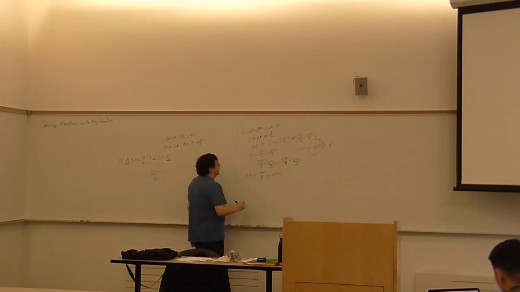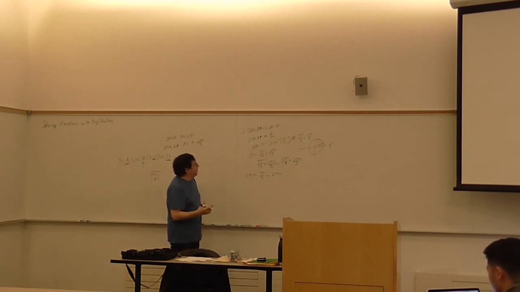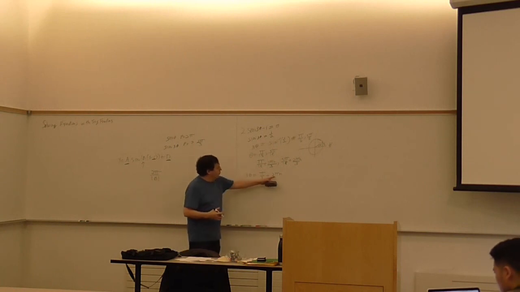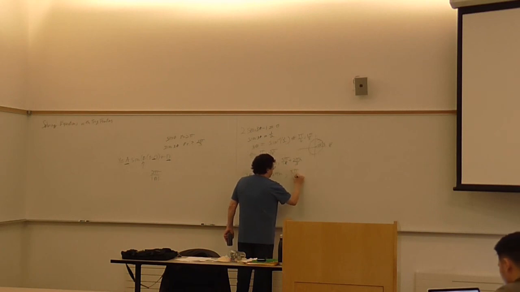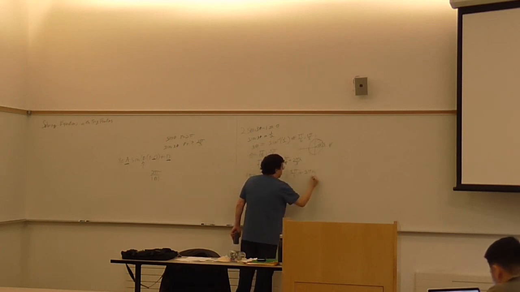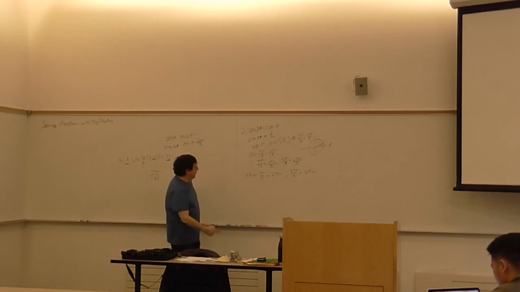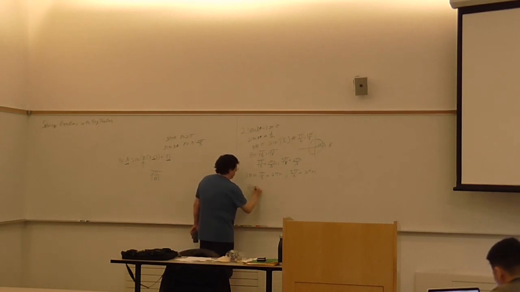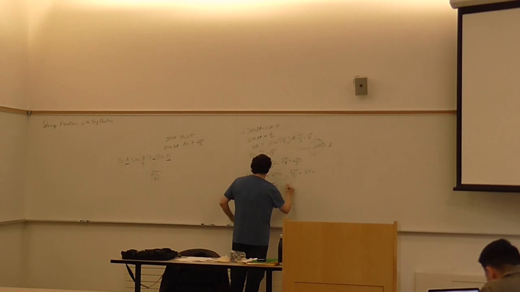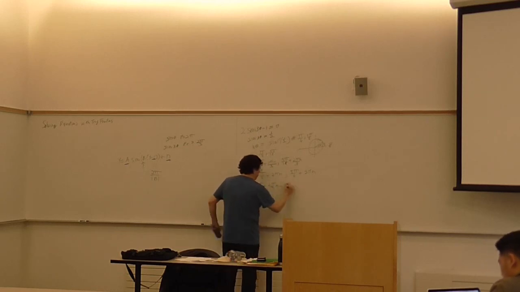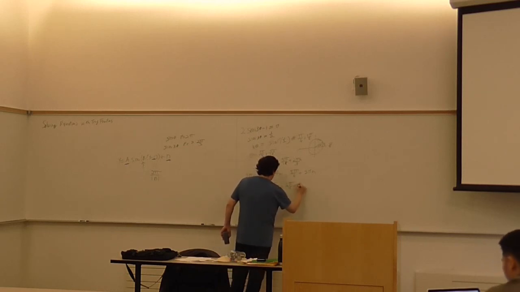That's a correct statement because the sine of something has period 2 pi, and likewise it can be 5 pi over 6 plus 2 pi n. And now we divide this out and we see theta is pi over 18 plus 2 pi over 3 n, or 5 pi over 18 plus 2 pi over 3 n.